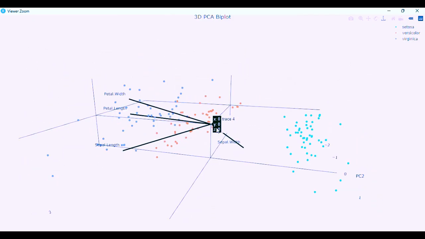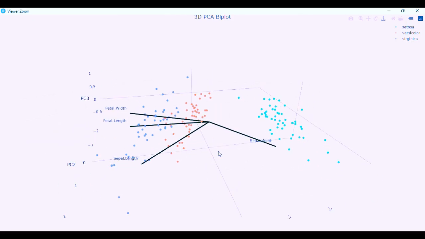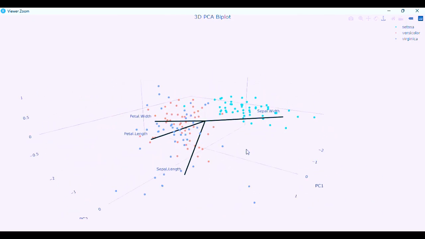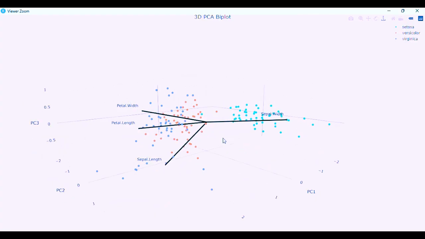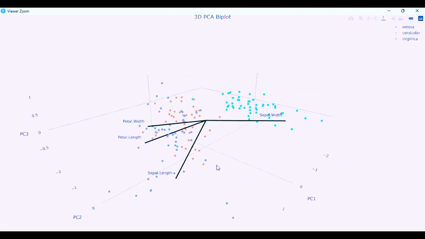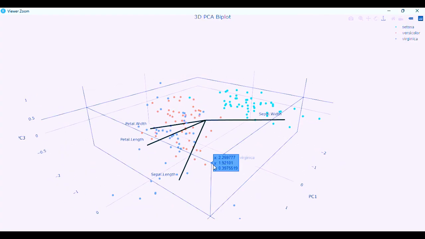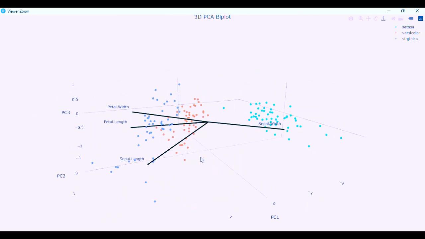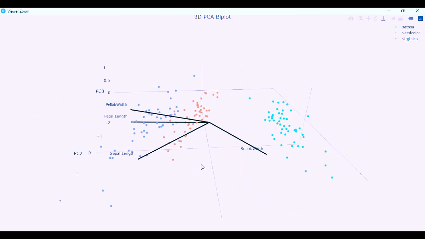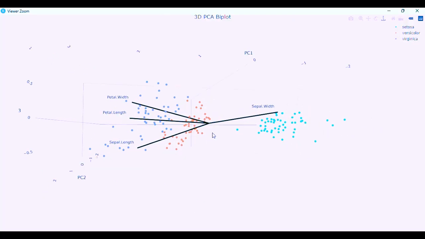What we can conclude in this case: PCA is a powerful tool that reduces the dimensionality of our data, reveals hidden patterns, and allows meaningful interpretation of complex data.